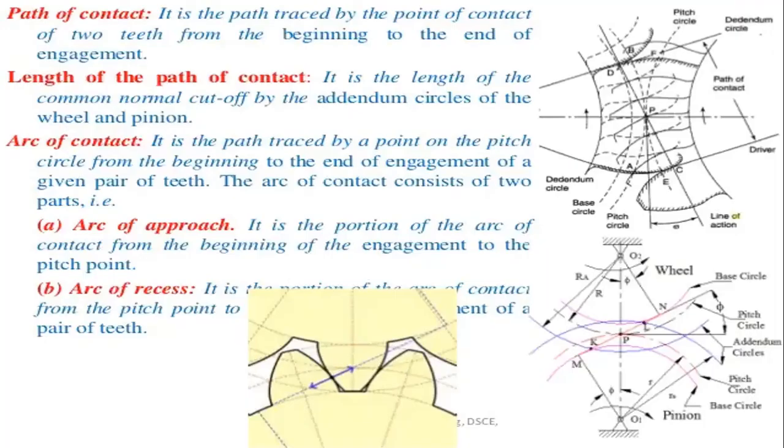So basically, this arc of contact is traced out by these two parts: the arc of approach and the arc of recess. These are the different points of the nomenclature of a gear.